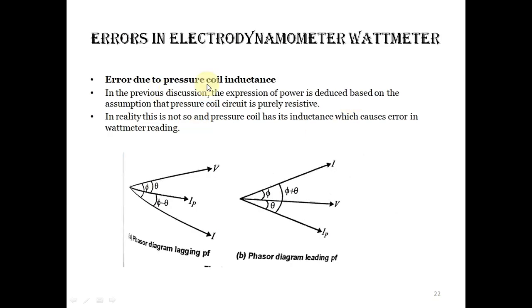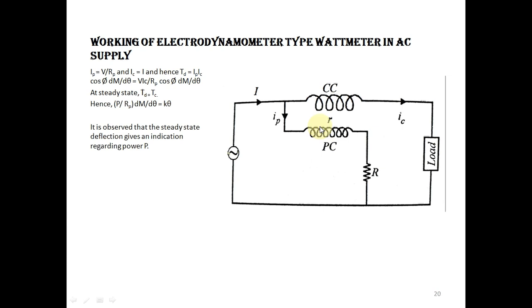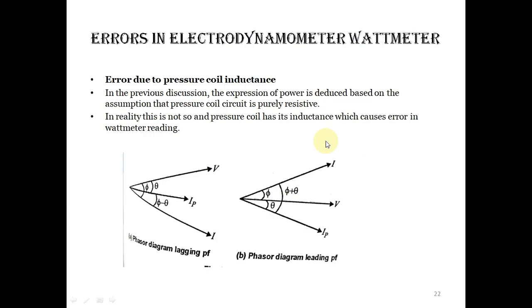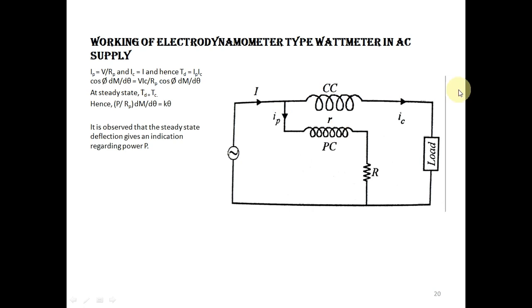First one is due to the pressure coil, the inductance of the pressure coil. As I said, if no inductance was there, the angle between voltage and current was phi, but as some amount of inductance is there, IP and V should be cophasal ideally when no inductance is there.